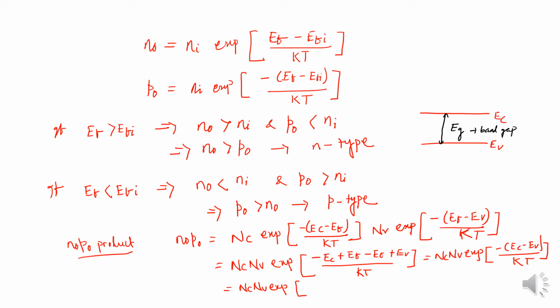Hence, writing that way, this is minus Eg for the band gap divided by kT. So this is one expression for N0 P0, which is written as Ni squared, the intrinsic concentration. The product of N0 P0 is always constant for a given semiconductor material at a given temperature.